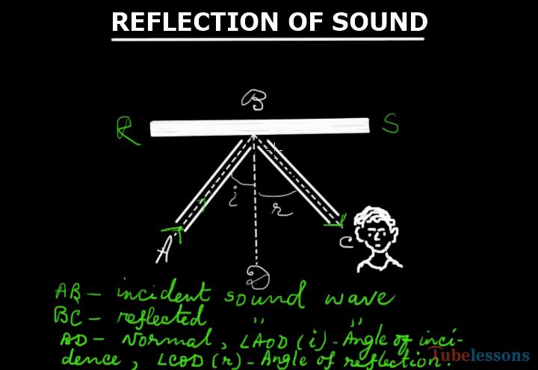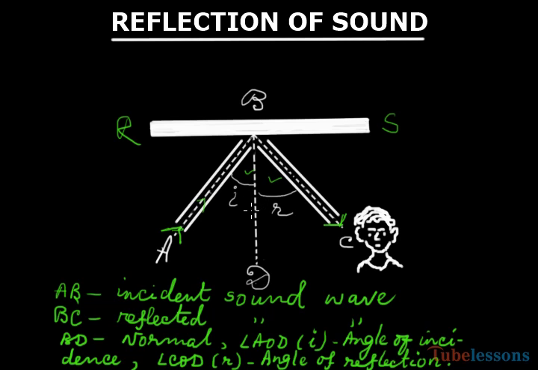RS is the reflector, and after obstruction, it returns back along the path BC. So BC is the reflected wave, and ABD, the angle I, is the angle of incidence, and CBD, the angle R, is the angle of reflection.